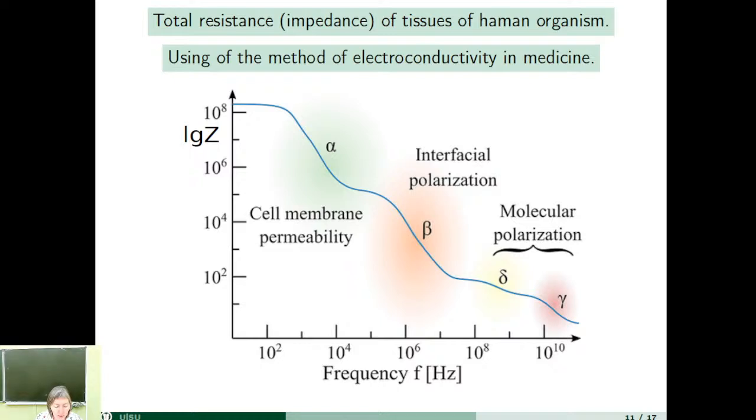For characteristic of the physiological condition of tissue, the value of steepness of dispersion is used. This criterion is applied, for example, at estimation of viability of tissues intended for transplantation.